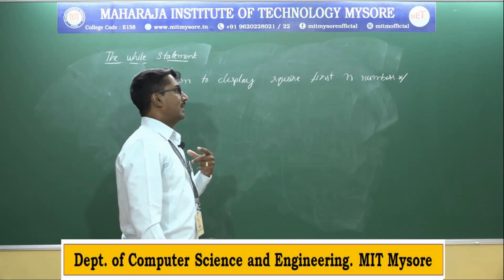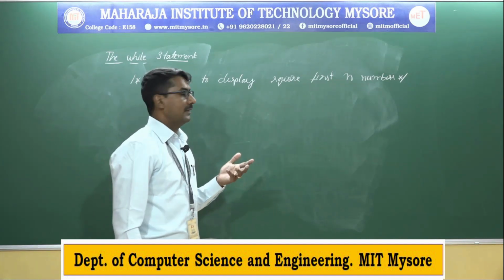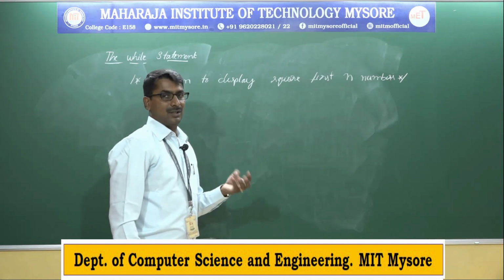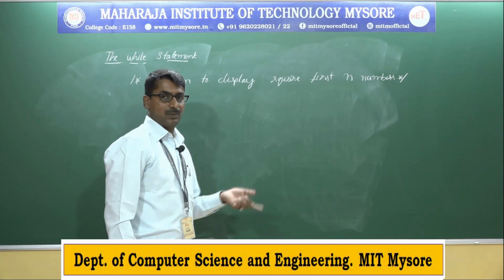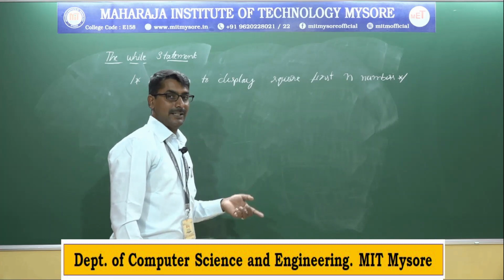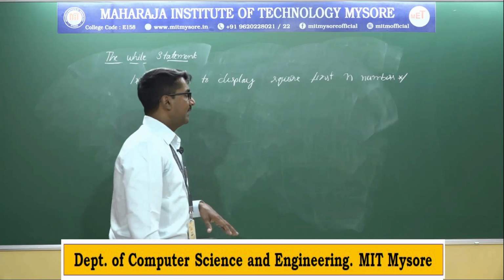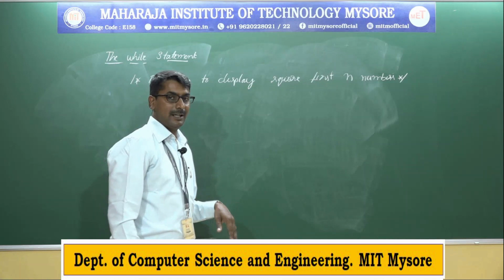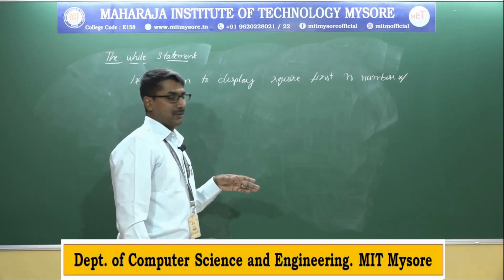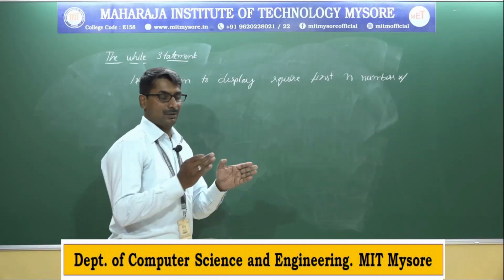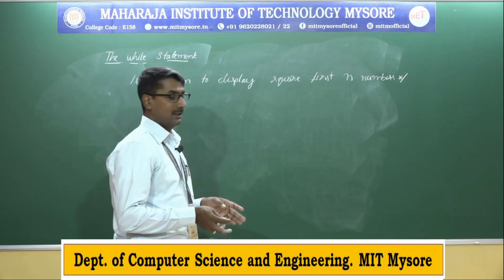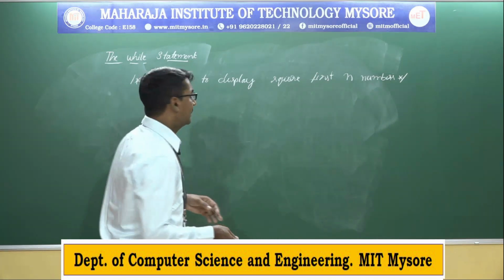If the value of n is equal to 10, you need to display 1 square, 2 square, 3 square, up to 10 square. If n is equal to 100, then you display 1 square, 2 square, like that till 100 square. In the previous program we knew the condition 0 to 100, but here we need to get the value of n.